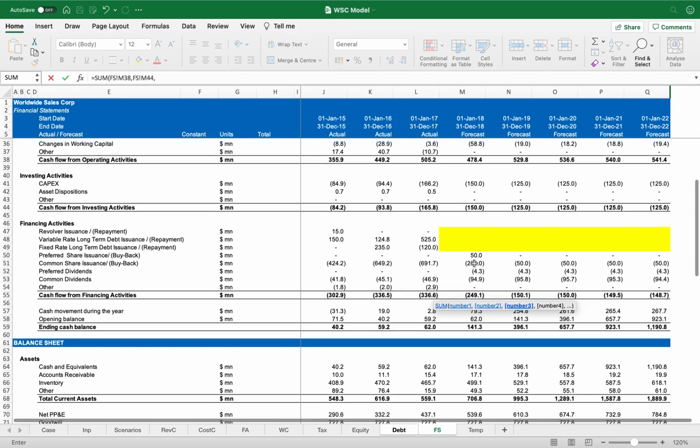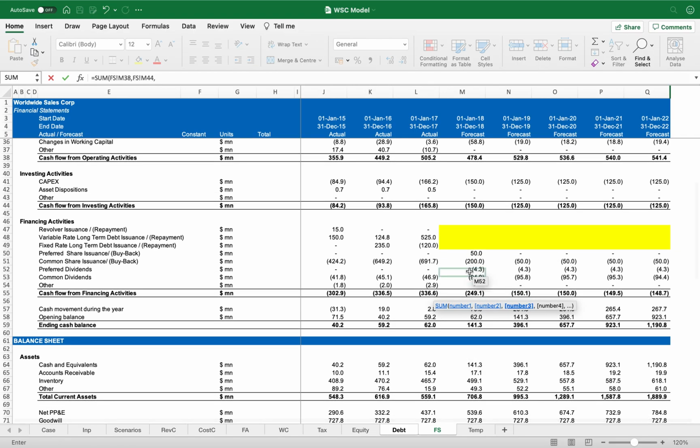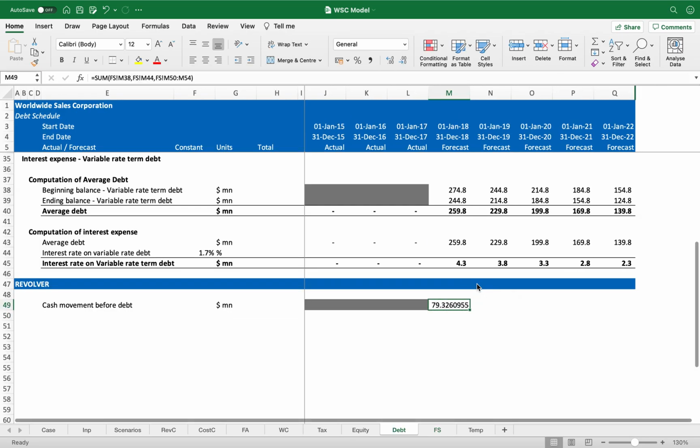Then do not link it to cash flow from financing activities total. Never make this mistake. Always link it to the individual components except debt.